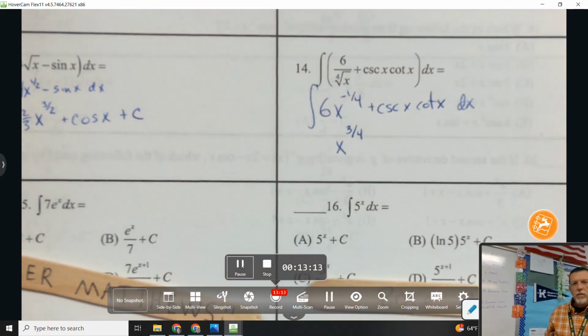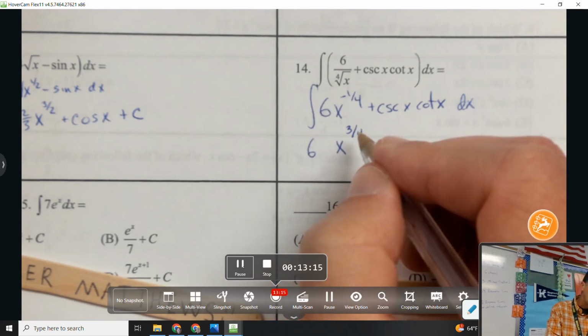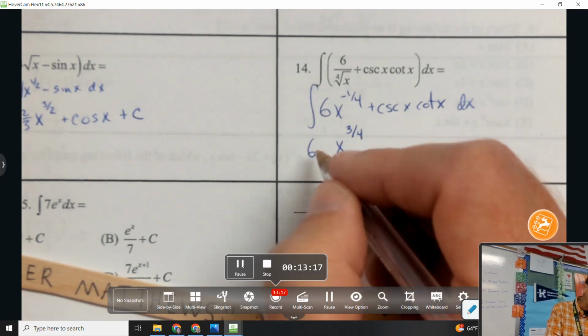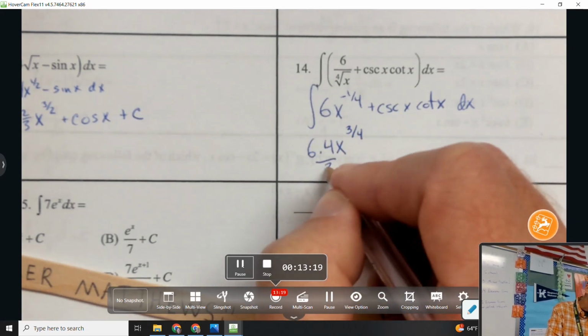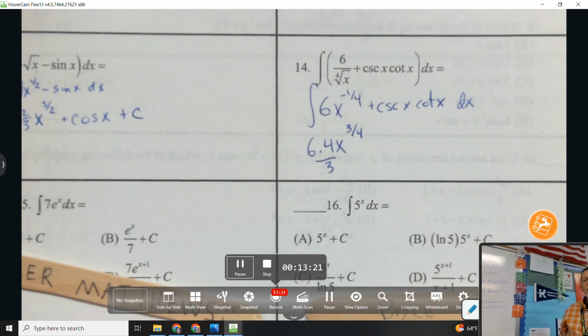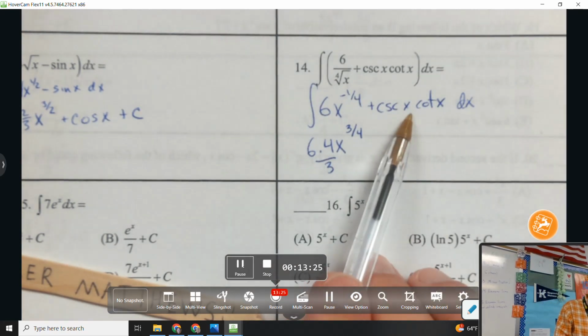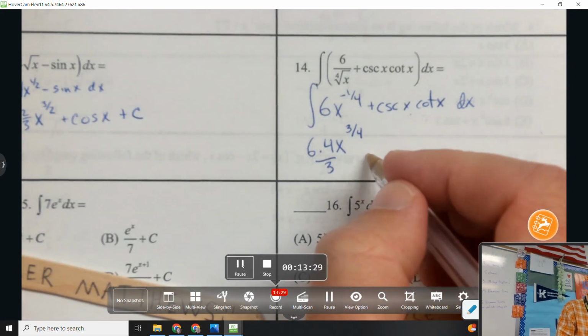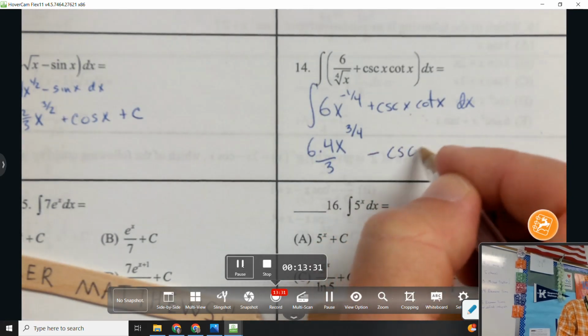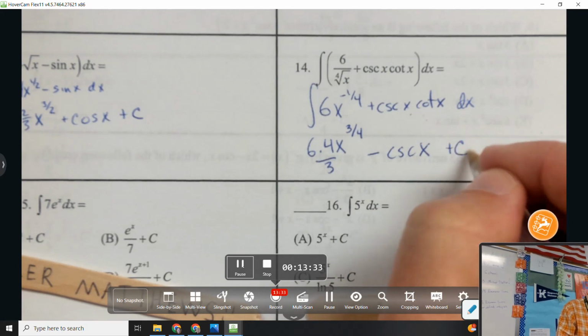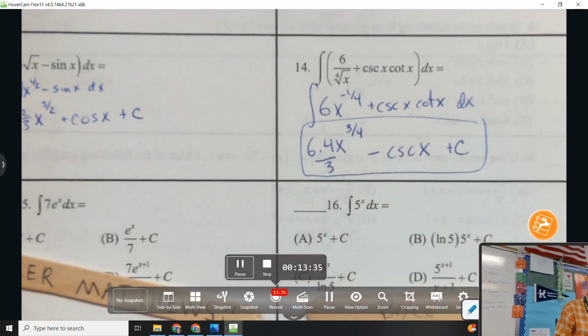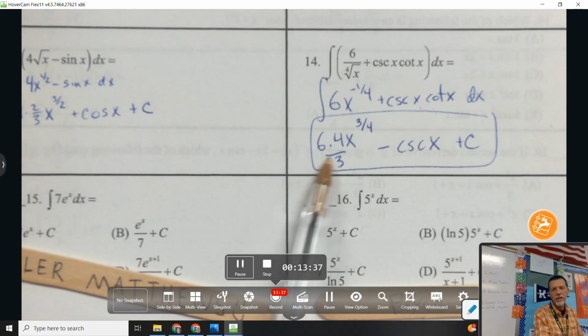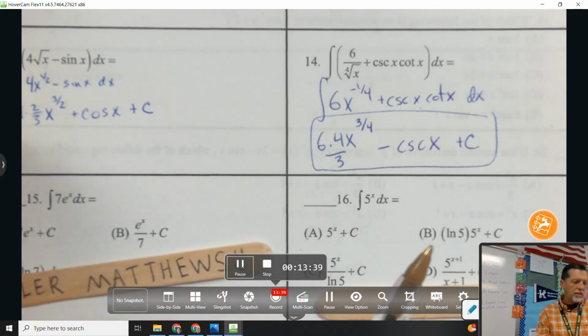That gets me 3/4. I don't want to divide by 3/4. I'd rather multiply by 4/3, which would give me a nice simplification, but I can also just leave it. And then I think I saw you had this part right. What's the antiderivative of cosecant cotangent? Negative cosecant x plus c. And again, that's an easy fix on the front one, but you don't have to make the fix.